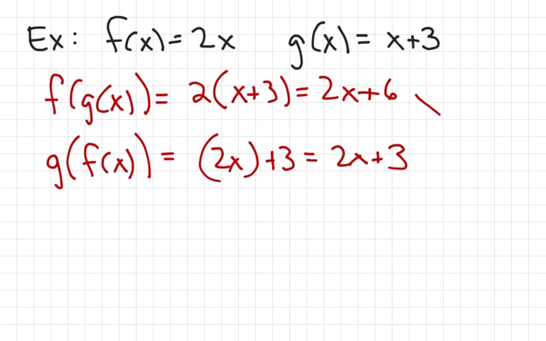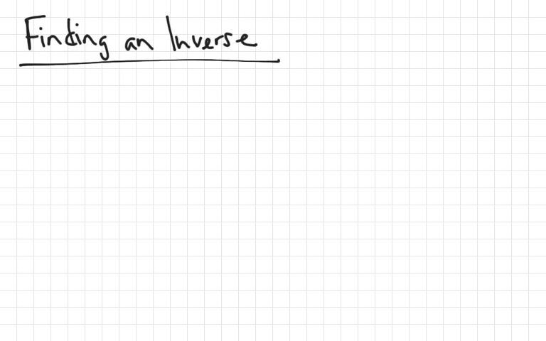They are not inverse functions of one another. Now, if you have a function and you want to find an inverse, there are some rules for finding inverses. First, you would write y equals f of x.